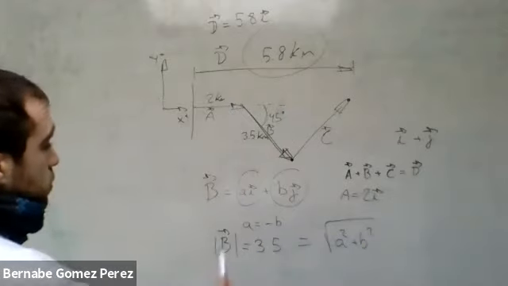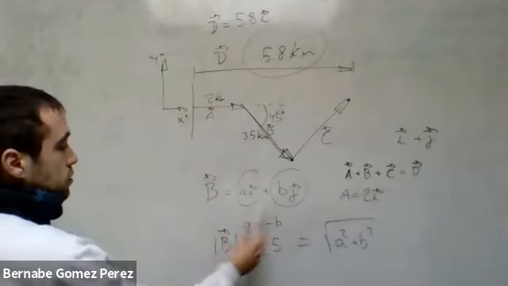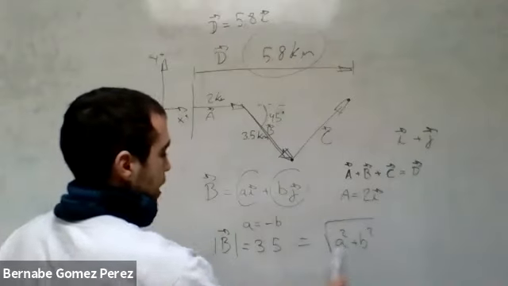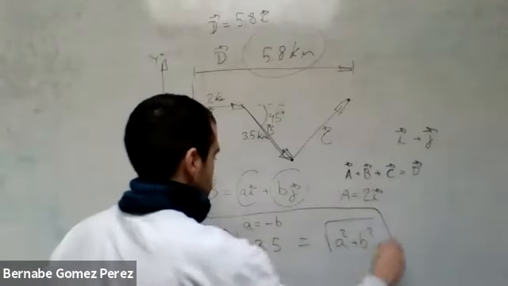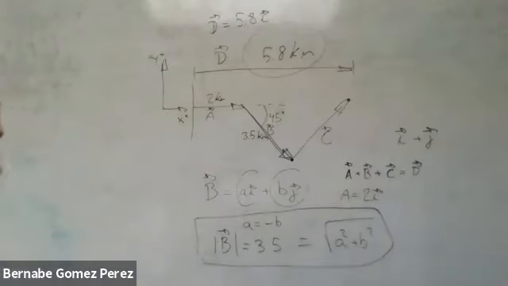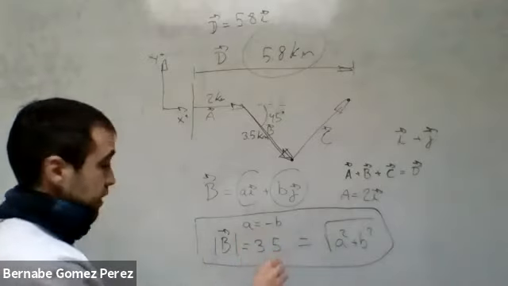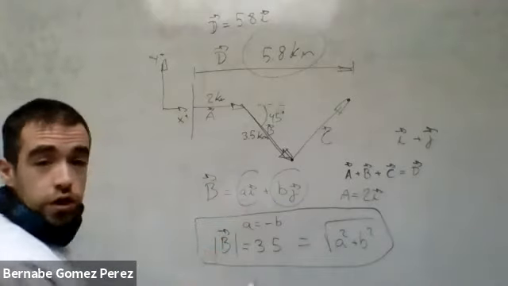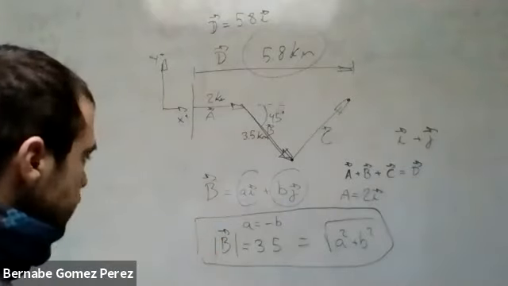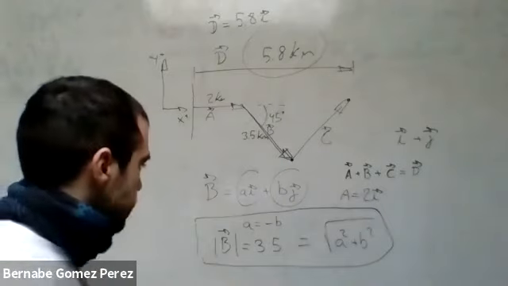We know what B is once we obtain its components, and then from this system of equations, because we have two equations with two unknowns, we can obtain C. We always need to have the same number of unknowns as equations, right?